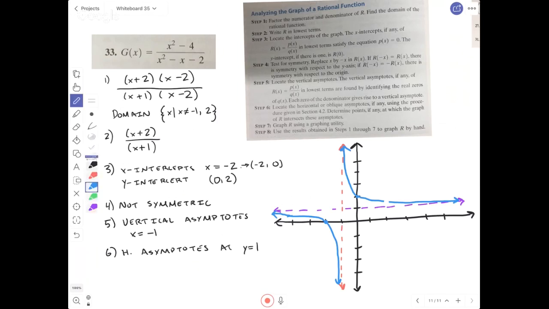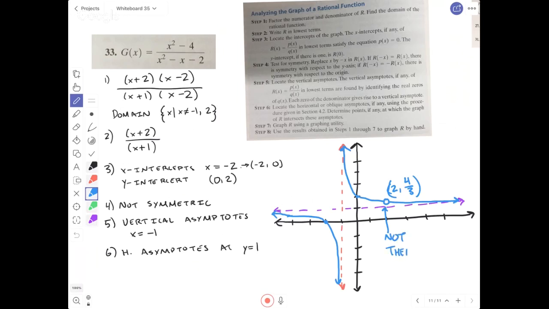So we're going to come in here and say 2, 4/3. The graph doesn't exist at 2, 4/3. This is a lack of a point at 2, 4/3. Not there. The graph is not there.